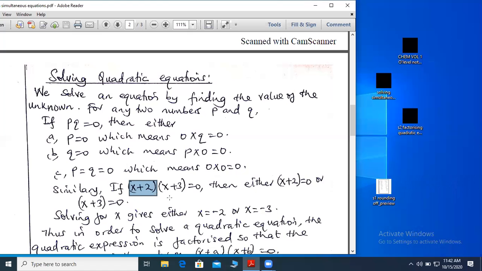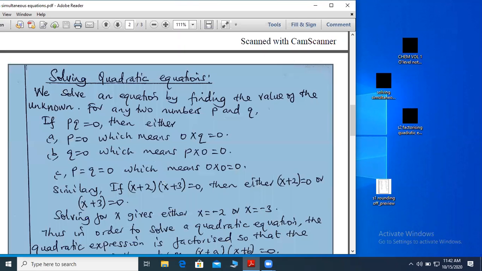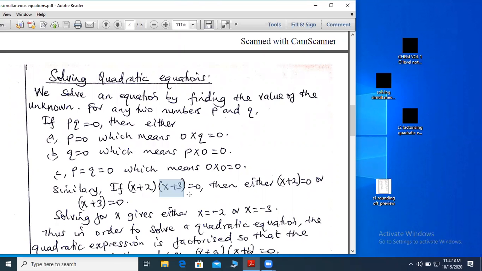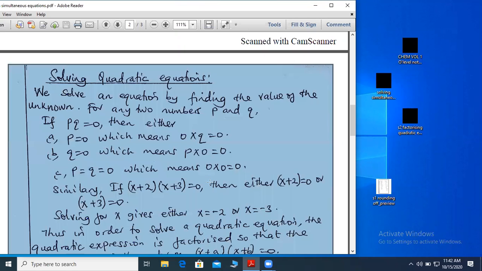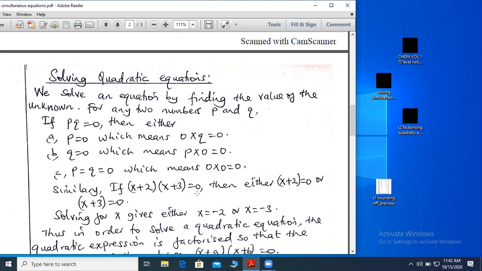It simply means one of these is equal to 0, such that when x plus 2 is equal to 0, 0 times x plus 3, the answer will still be 0. Or when x plus 3 is equal to 0, 0 times x plus 2, the answer will still be 0.